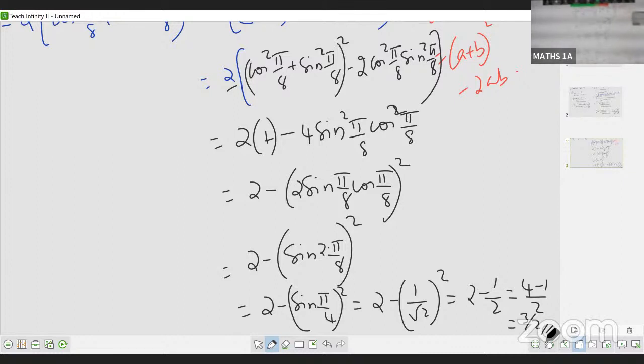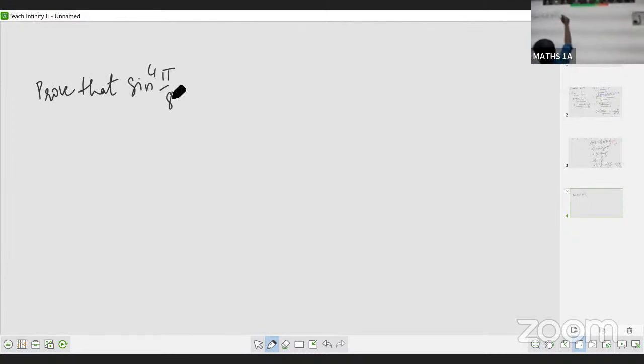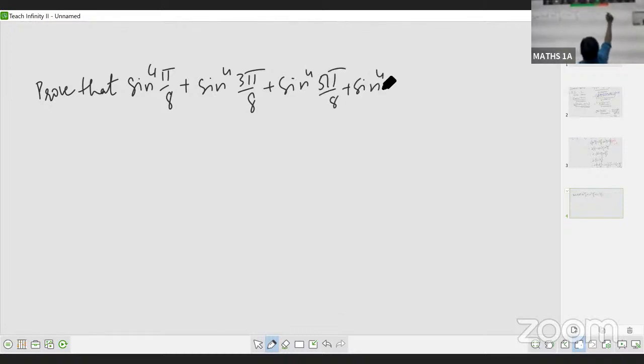Now let me do that sum also so that you can have a look. Sine to the power 4 pi by 8 plus sine to the power 4 3 pi by 8 plus sine to the power 4 5 pi by 8 plus sine to the power 4 7 pi by 8 equal to, again the same answer you have to show, it is 3 by 2.